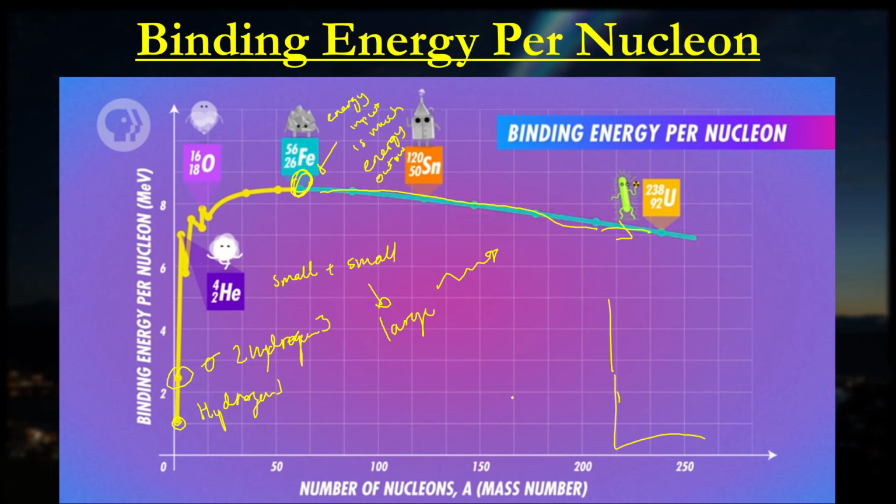So the overall energy to hold everything together, or what we call binding energy, that value is still going up in comparison to what we see here with the energy that's per individual particle inside that nucleus.